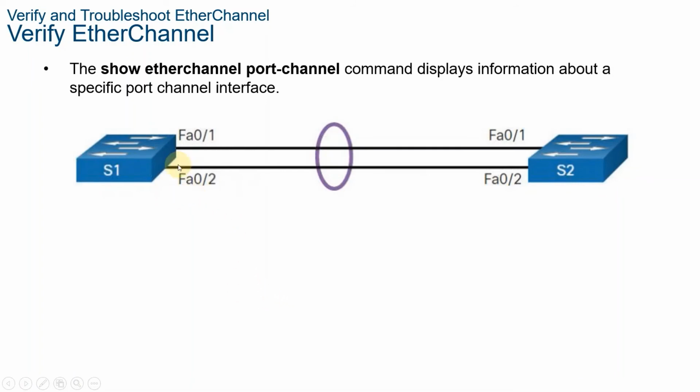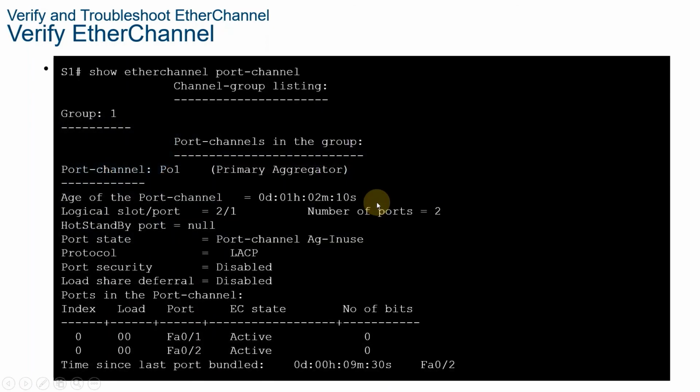The third command is the show EtherChannel port-channel command, which displays information about the specific port channel interface, as shown here in the output.